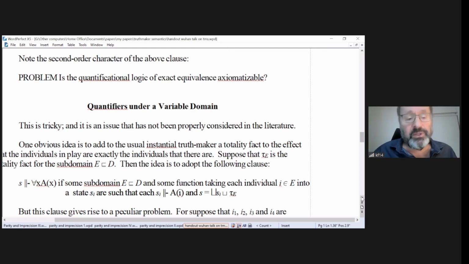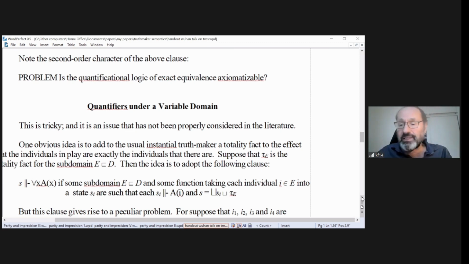So there has to be some subdomain E of a superdomain, and some function taking each individual i of E into a state. And we want each S_i to be a truth maker for the instance, and we want S to be the fusion of all those truth makers for the instances. This is the instantial truth maker, plus the totality fact.